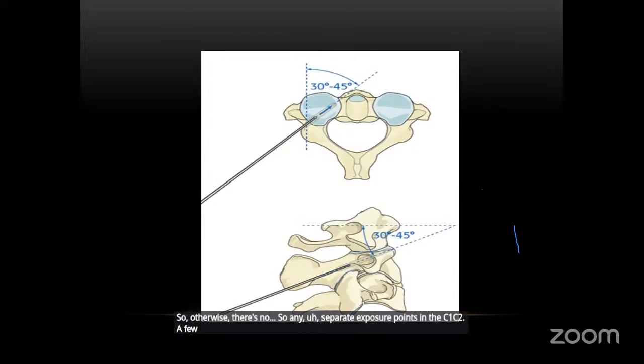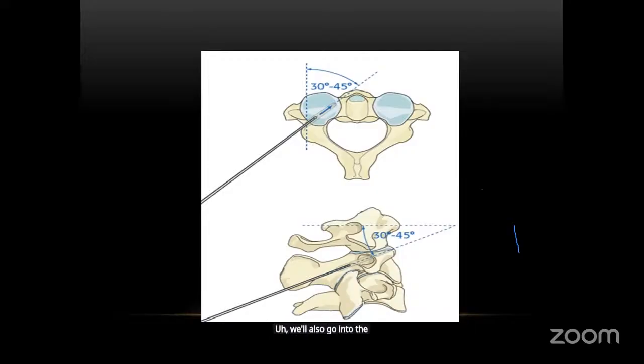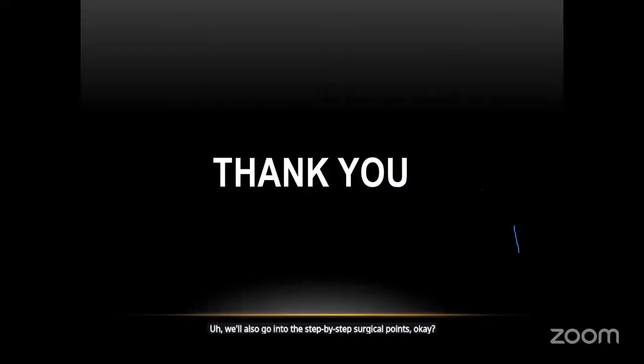If you need to know the step-by-step approach, we can take it in the next class when we discuss other craniovertebral junction approaches. We will also go into the step-by-step surgical points and all the steps.